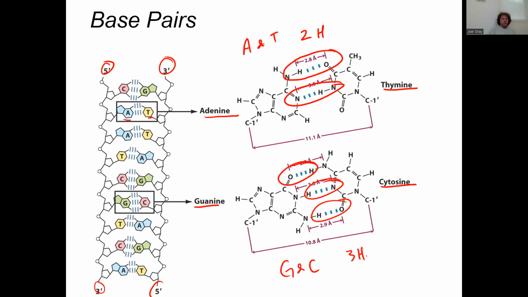Now, when you look at those, what's stronger? Well, if all those hydrogen bonds are equal to one another in strength, the number is what's going to differentiate the strength. G and C, you have 3 hydrogen bonds, and A and T, you have 2 hydrogen bonds. And that's what's ultimately going to dictate the strength of that molecule.